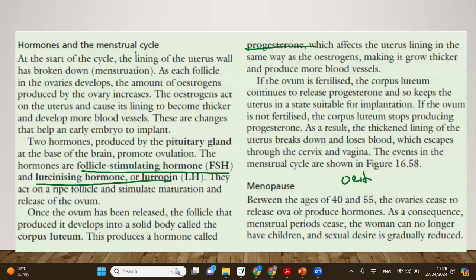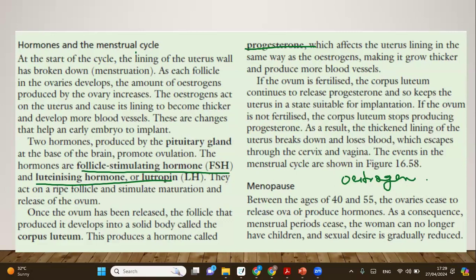Now, let's go ahead and talk about exactly what these hormones are, how they are produced, where they are produced from, and what is their job in the reproductive cycle. Now, remember this, both follicle stimulating hormone and the luteinizing hormone are produced by the pituitary gland. The pituitary gland is the gland that is found inside your brain.